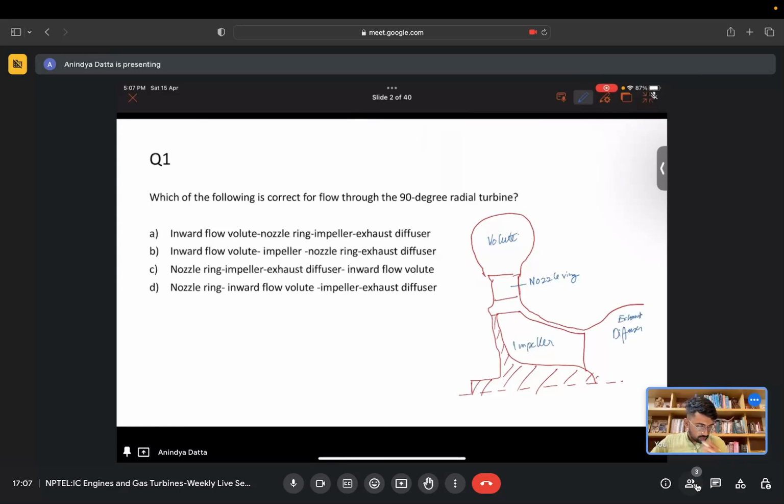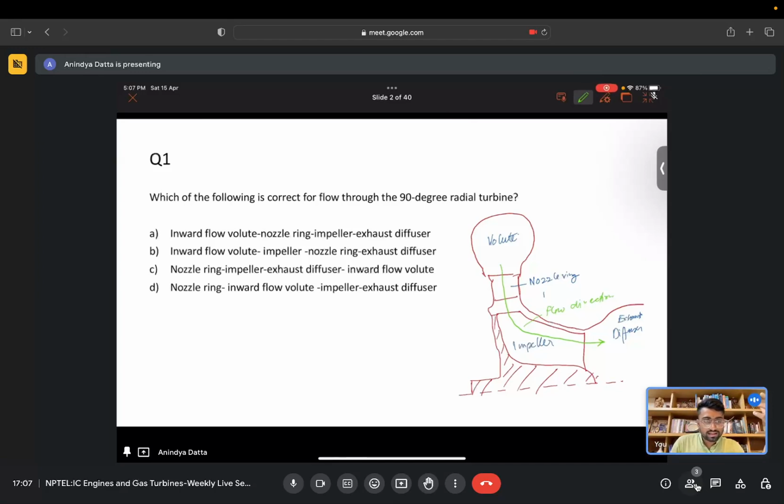This is our flow direction. The flow comes first through this volute, then passes through the nozzle ring, and then it enters the impeller.